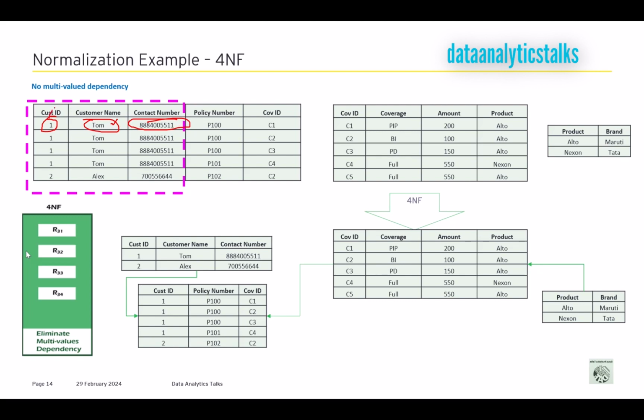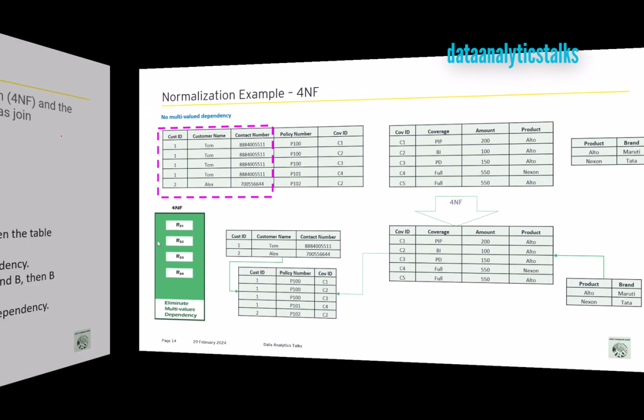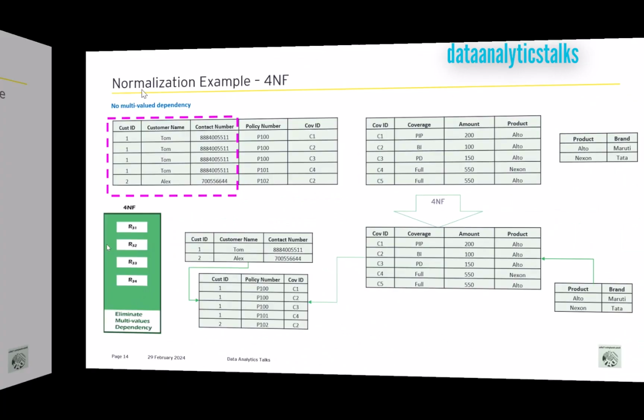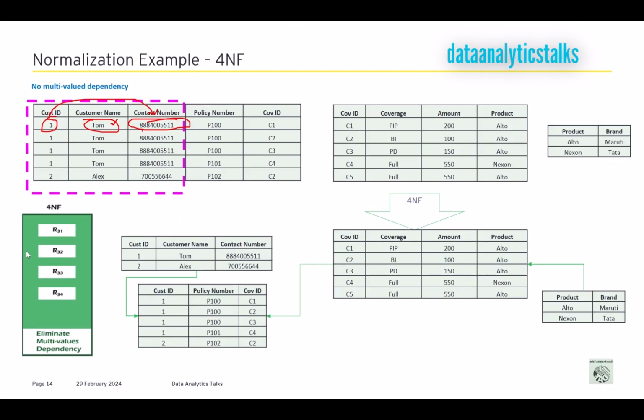So when there is a relation A to B, what is required is that if multiple values of B exist, then it is a multi-value. So maybe I can get another contact number. So I can maintain multiple contact numbers there. So this B, when it is having multiple values, is meeting the multi-value dependency.